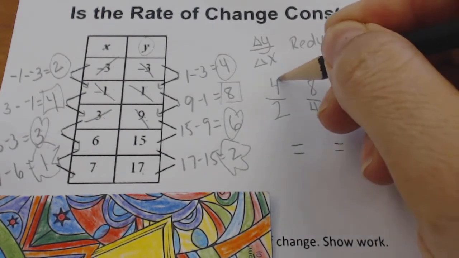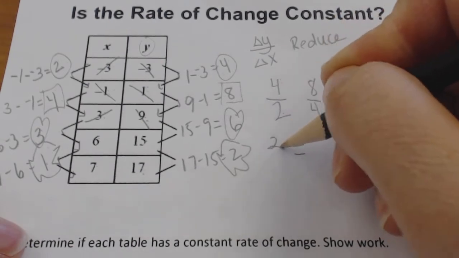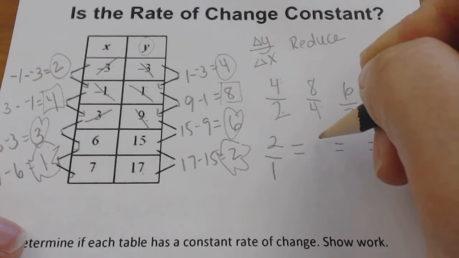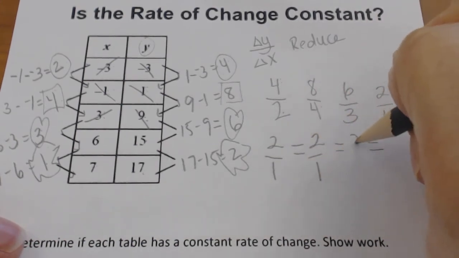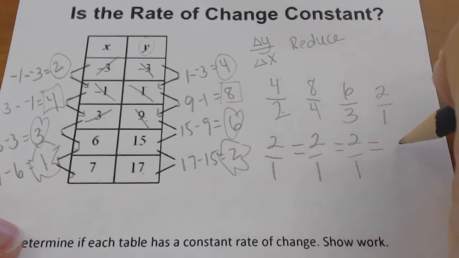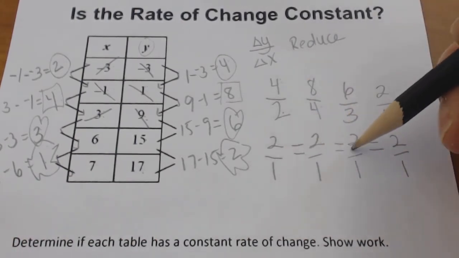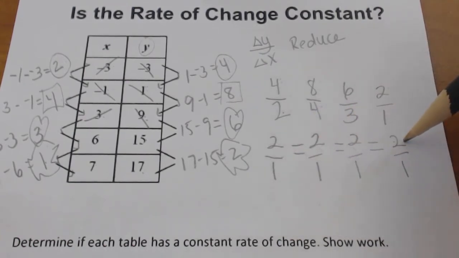Let's find out. 4 divided by 2, we can reduce by 2. So 4 divided by 2 is 2. 2 divided by 2 is 1. 8 divided by 4, we can also reduce to 2 over 1. 6 divided by 3, 2 over 1. And 2 over 1 is already reduced, 2 over 1. So we check, are these the same ratio? Are they all the same numbers?